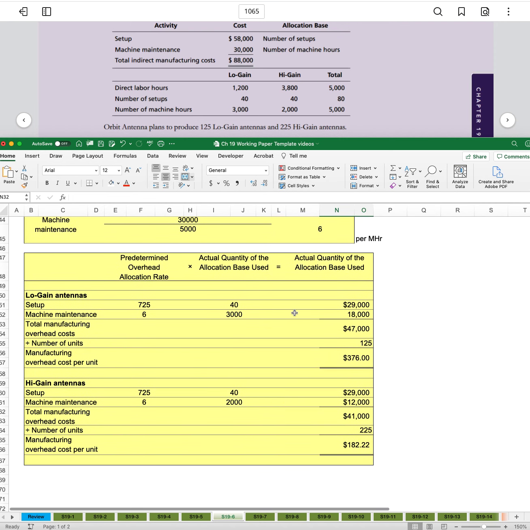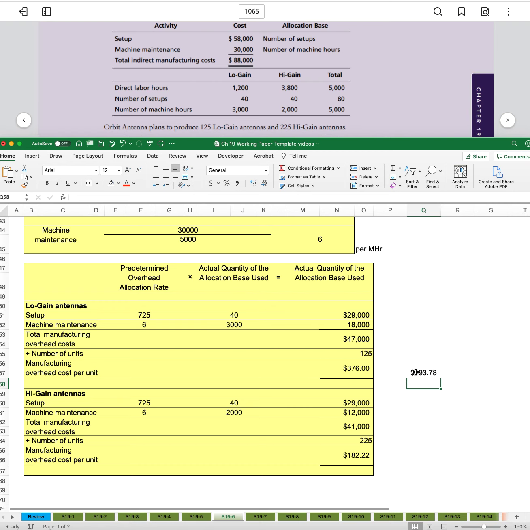But actually, when we break it down and look at the machine maintenance and the difference that makes on the products based on the number of products being produced, the cost to produce a low antenna is actually significantly more than the high gain. So we can see it's actually $193 more costly for us to produce the low gain antenna.